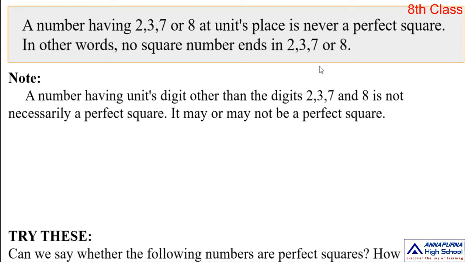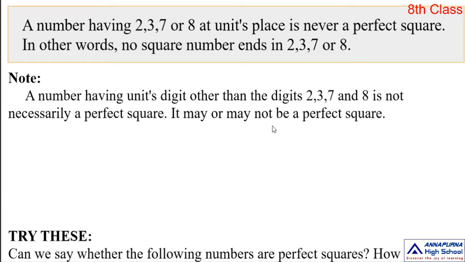If any number ends with 2, 3, 7 or 8, it is very clear it is not a perfect square number. But if a number ends with any digit other than 2, 3, 7 and 8, can you say it is a perfect square number? We can't say that. It may or may not be a perfect square.